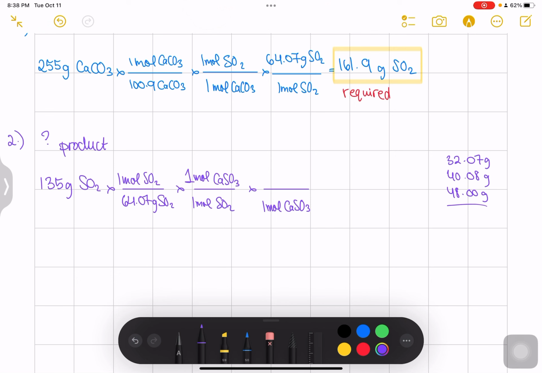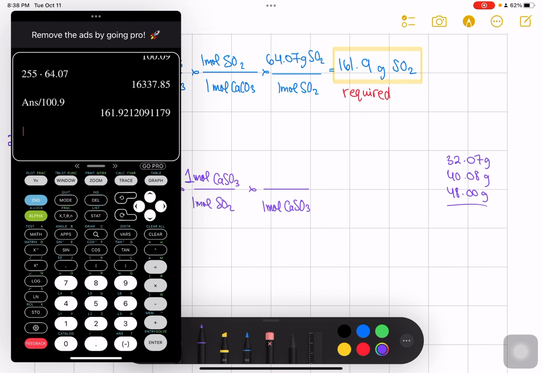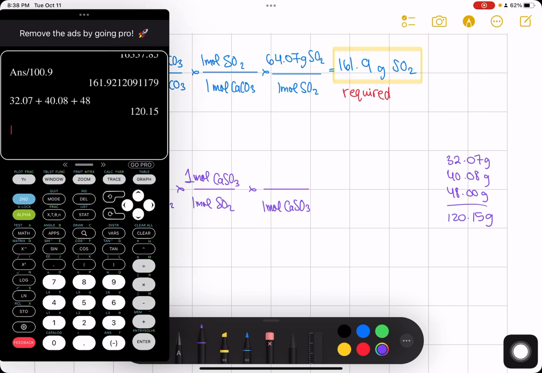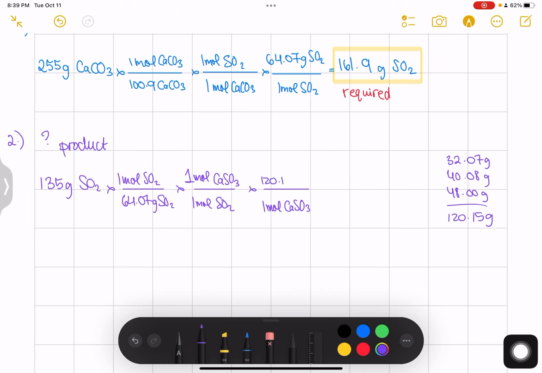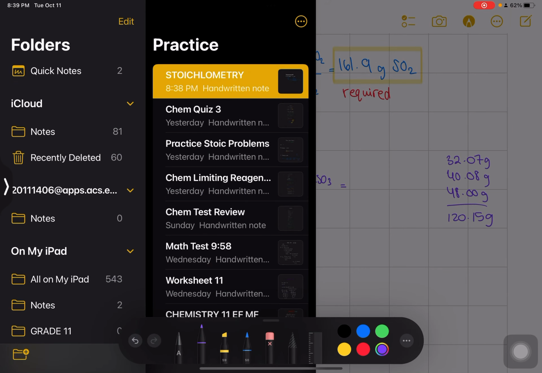All right, where's my calculator? Here it is. I'm going to do 32.07 plus 40.08 plus 48. 120.15 grams CaSO3.